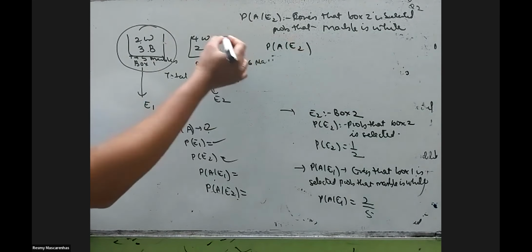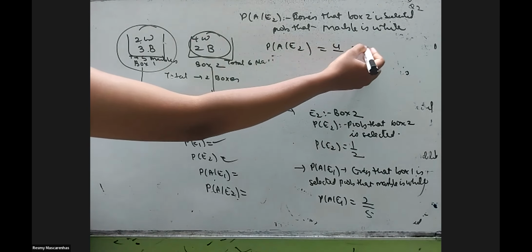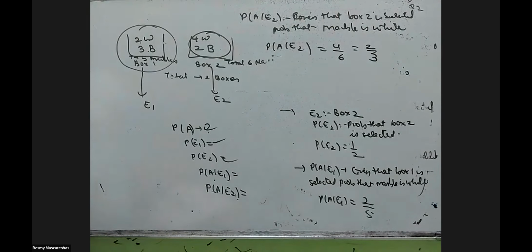From box 2, what are the chances of the marble being white? 4 out of 6, that is 2 out of 3. 4 white marbles out of a total of 6 marbles. So got this?